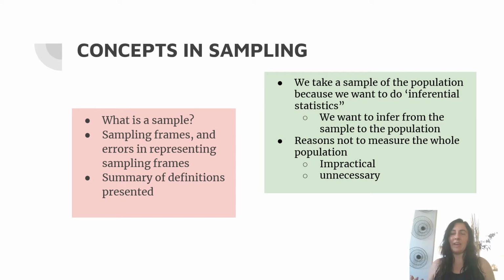It's just way easier. Taking a census is impractical, expensive, and unnecessary, which is why we want samples.